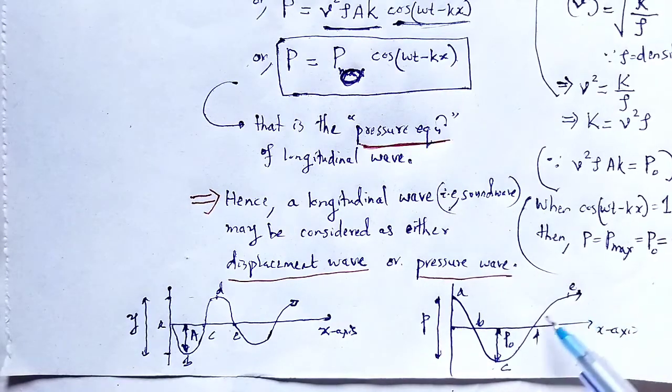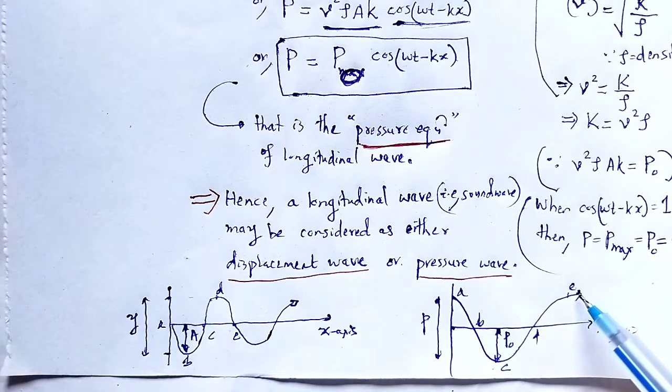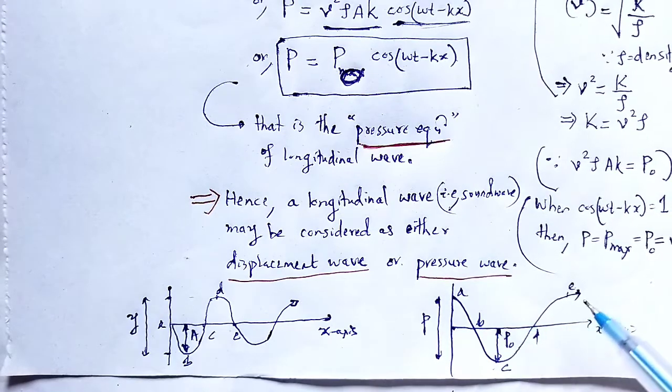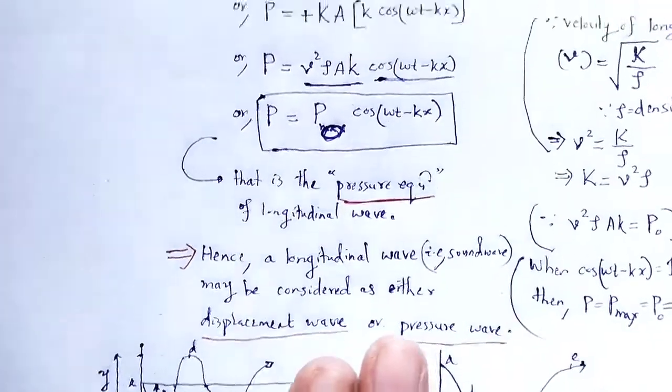From D to E, dy by dx or that pressure variation is positive, so that region for the pressure wave is compression.